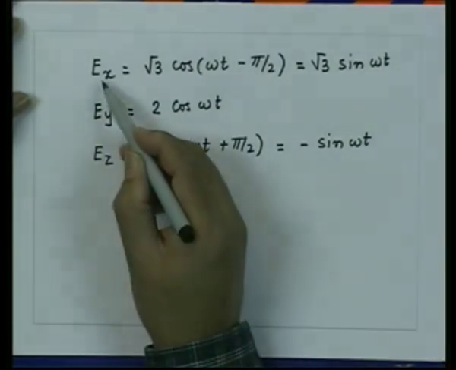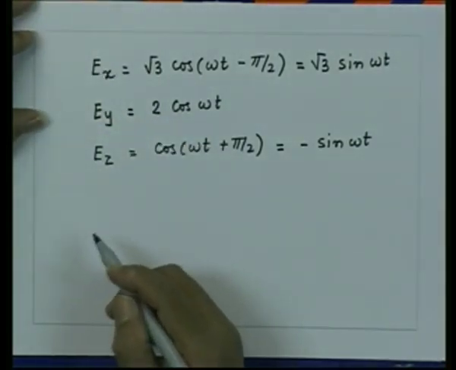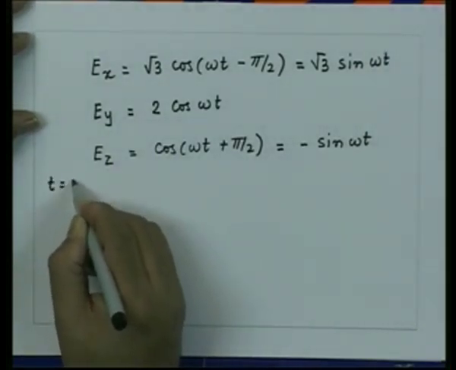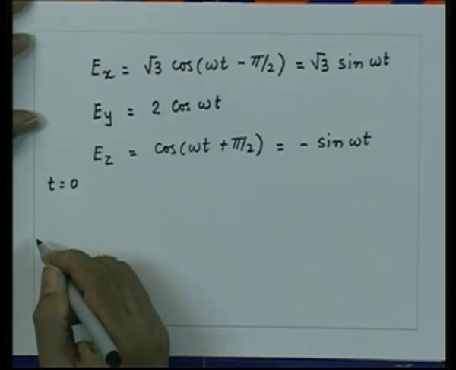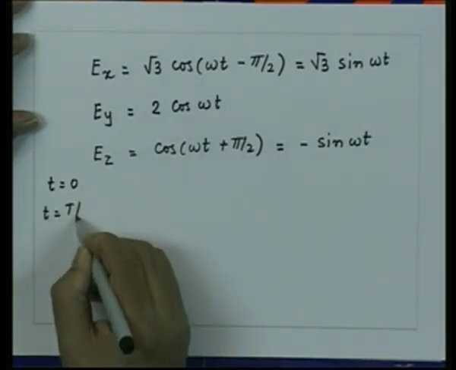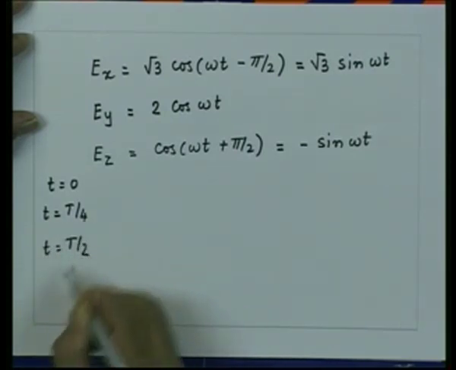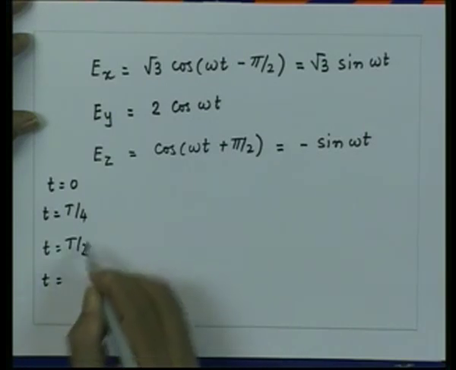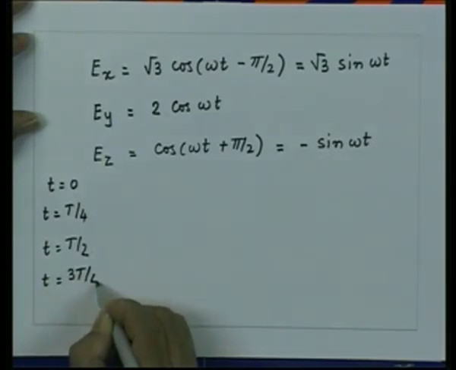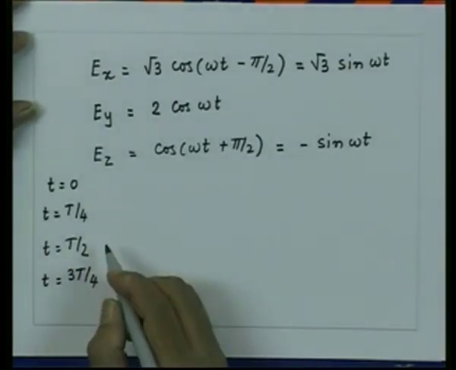Now, we can calculate the field magnitude at different instants of time. Let us consider t equal to 0, t equal to quarter period T by 4, t equal to T by 2, t equal to 3T by 4 and so on, and find the magnitude of the electric field.